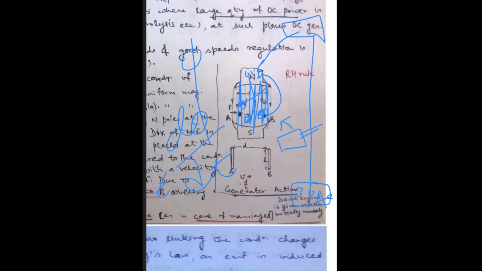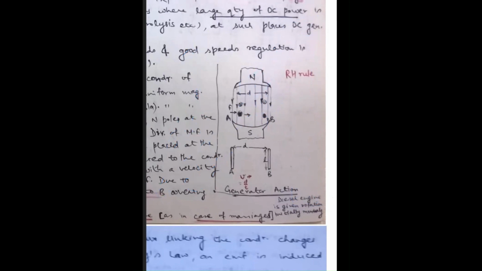Okay, so this is the basic working principle, or physical working principle, of the DC generator. So the generator converts mechanical energy into electrical energy. So mechanical energy is to be supplied so that it can be converted into electrical energy.